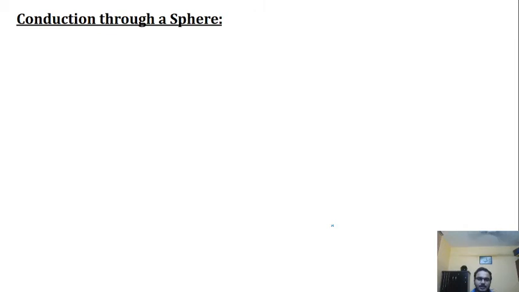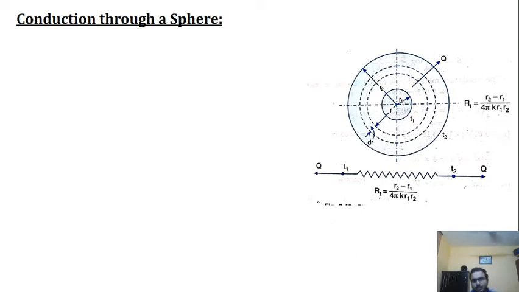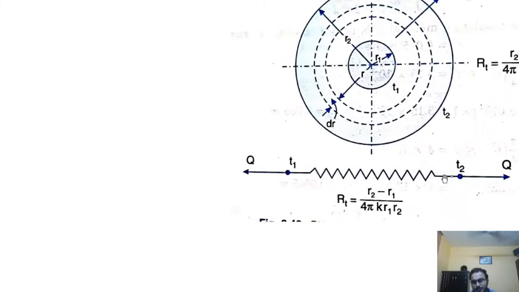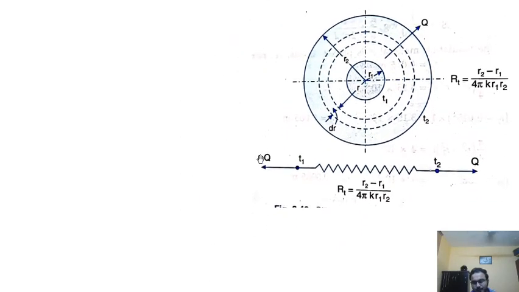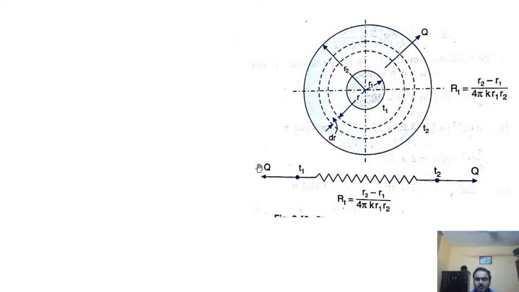Now our next topic is conduction through a sphere. So first of all we will focus on this figure. I hope now it is completely visible. Here we have a hollow sphere in which we have inner radius R1 and outer radius R2.